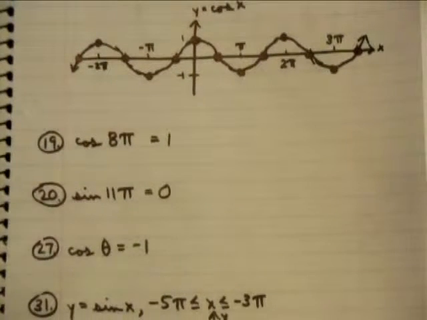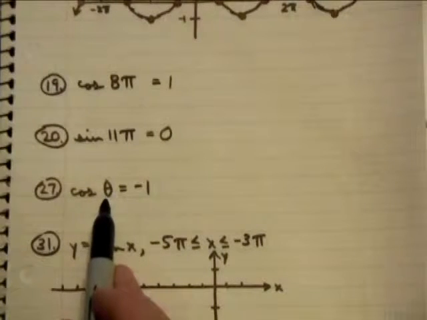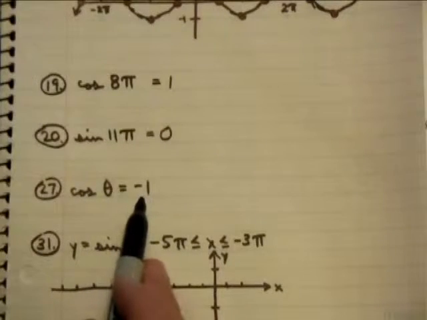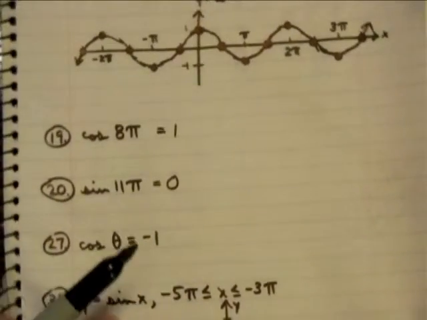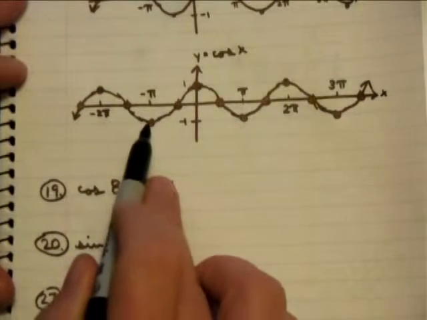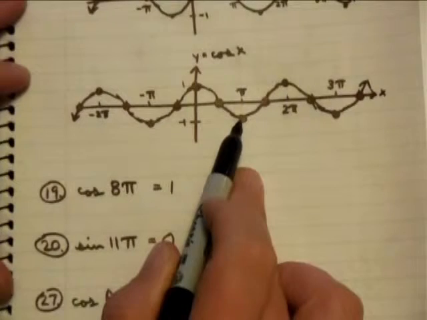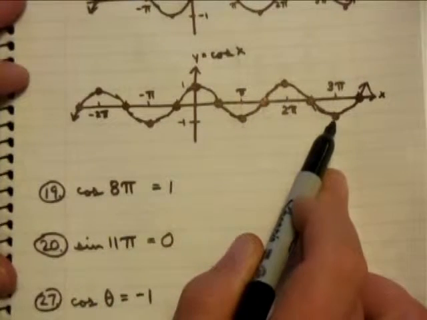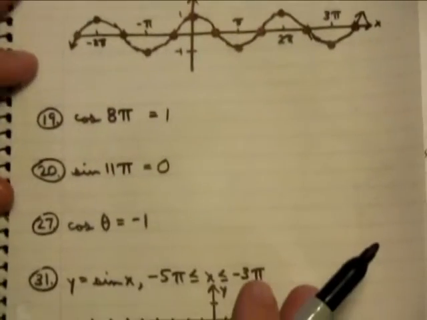Alright, similarly, on number 27, they are asking you to do this sort of backwards now. They're saying what angles, what values of theta, when you take cosine of that angle, will give you negative 1. So let's go back to our graph again of cosine, and we see that the y-coordinate is negative 1 at an x value of negative pi, positive 3 pi, and if you follow this pattern out, it would also be 5 pi, 7 pi, and so on.